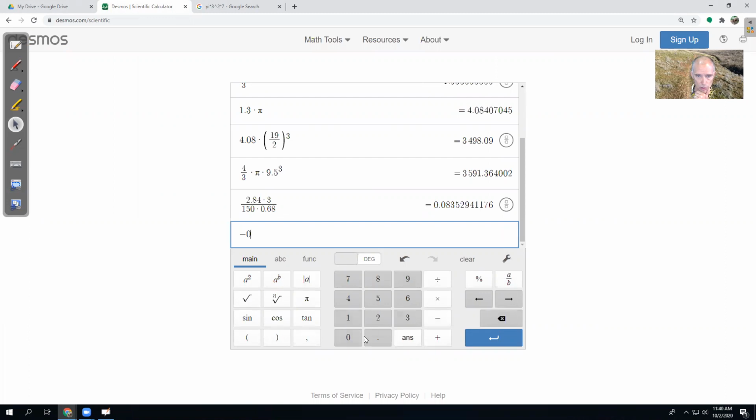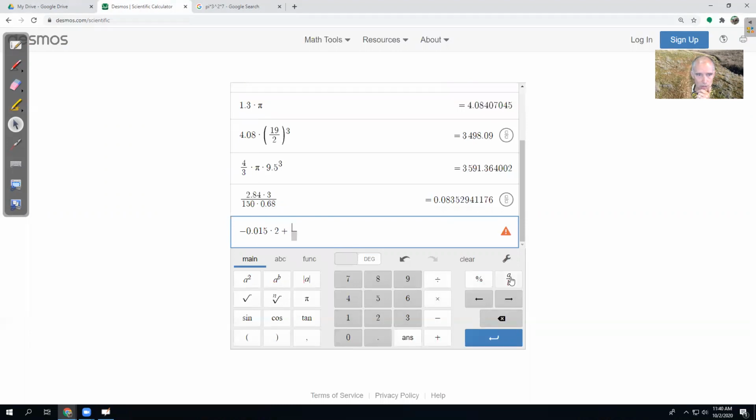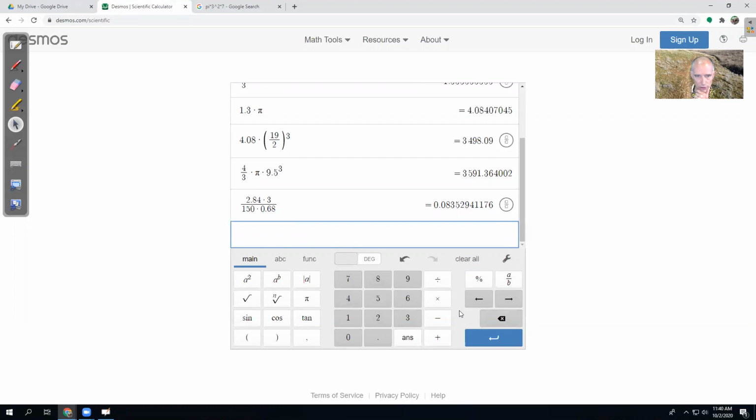So 0.015 times 2 plus fraction 2.84, missed a button somewhere. Oh, cleared the whole thing. Maybe he needed to hit the undo button. Again, I guess I need to practice using this calculator.